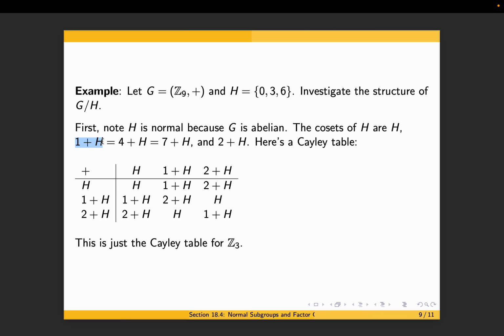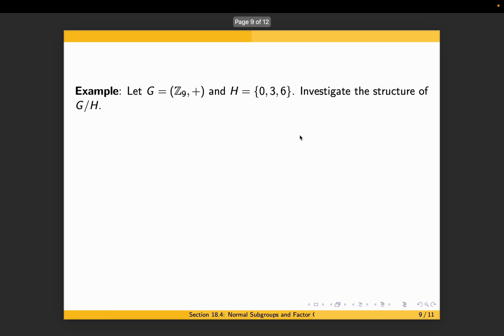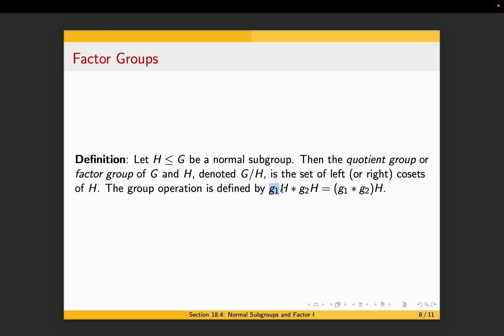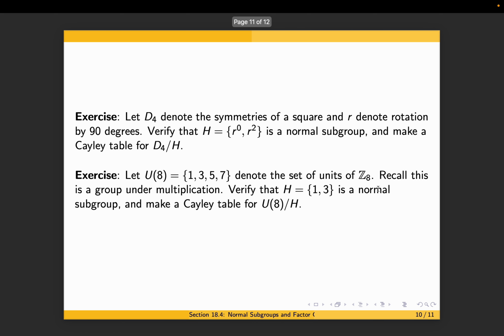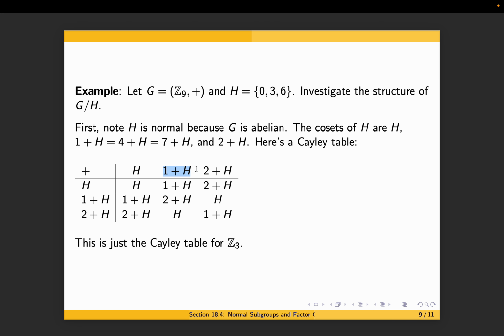And so if you combine these things, what would 1 plus H plus 1 plus H be? By definition, 1 plus H plus 1 plus H would just be 1 plus 1 plus H. So 1 plus H plus itself, 1 plus 1 is 2, so 2 plus H. What about 2 plus H plus 2 plus H? Well, by definition, you just do 2 plus 2, which is now 4.